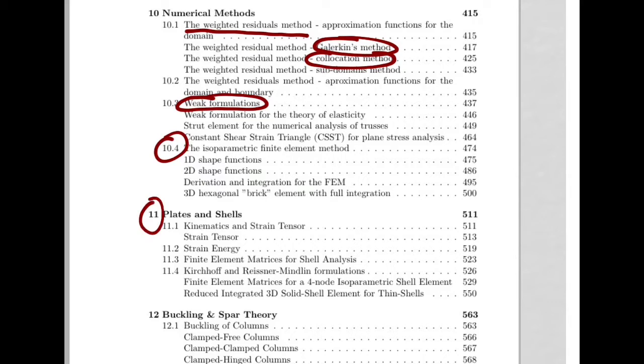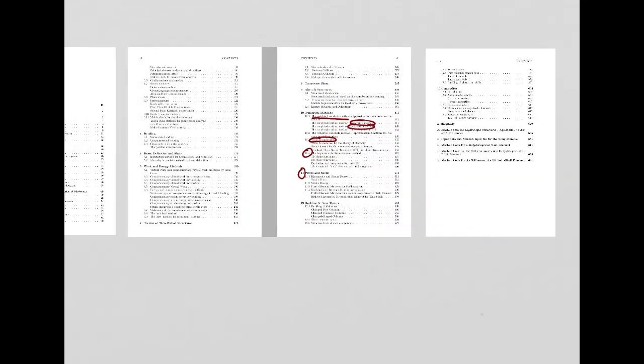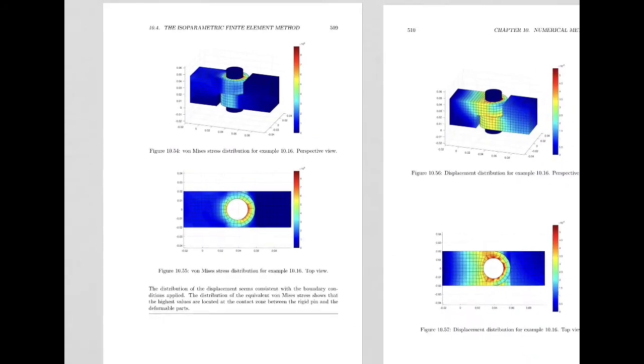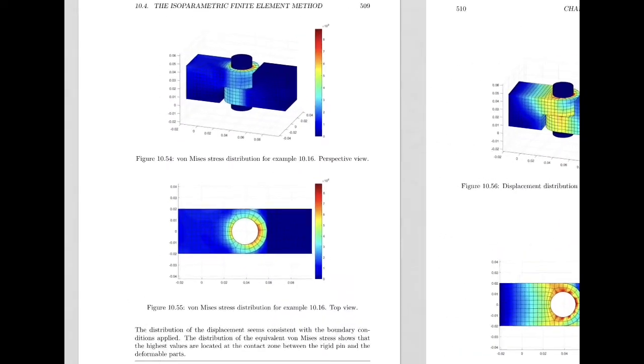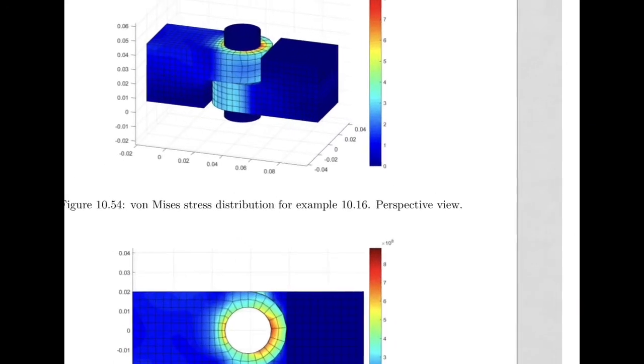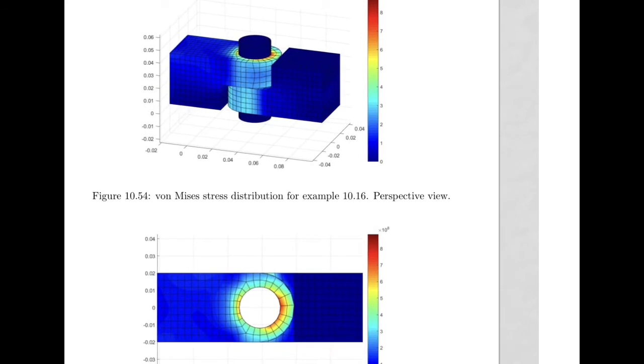So in this short course, these are some figures I took from my book. You will be able to model this kind of structural components, for example, a hinge. You have MATLAB scripts to get the finite element matrices for the 3D elements, brick elements.